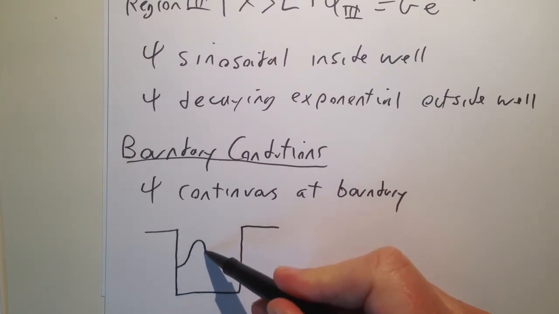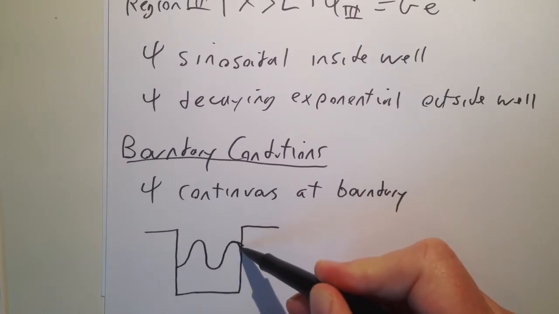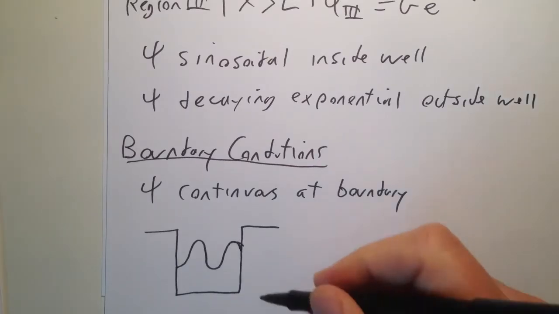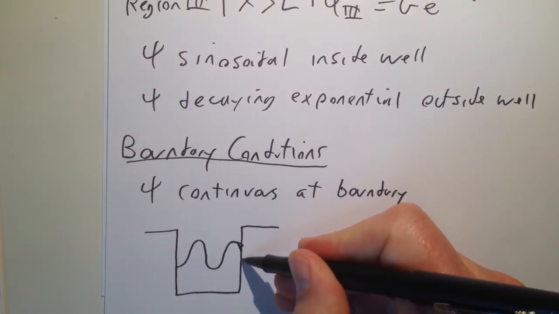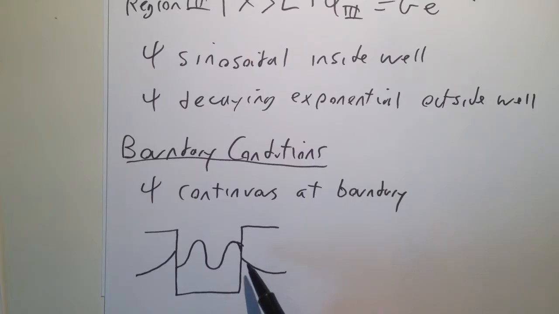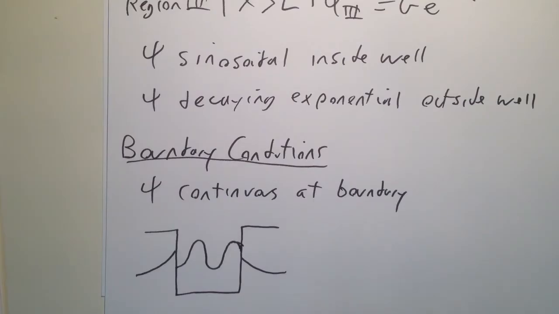So it could be something like this. Inside the well, we get some kind of an oscillating solution. Outside the well, we have decaying exponentials, right? But there's certain solutions that just aren't going to work. If the wave function in this region is this decaying exponential and in this region is this decaying exponential, I can't have these big jumps. At the boundary, the wave function has to be continuous.